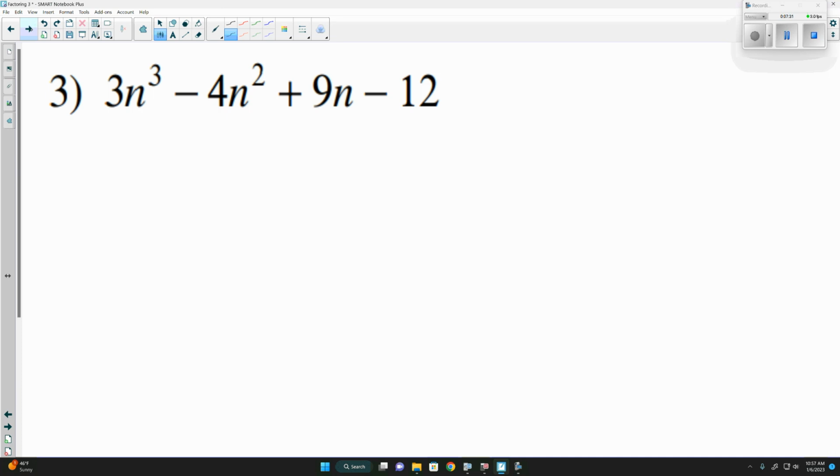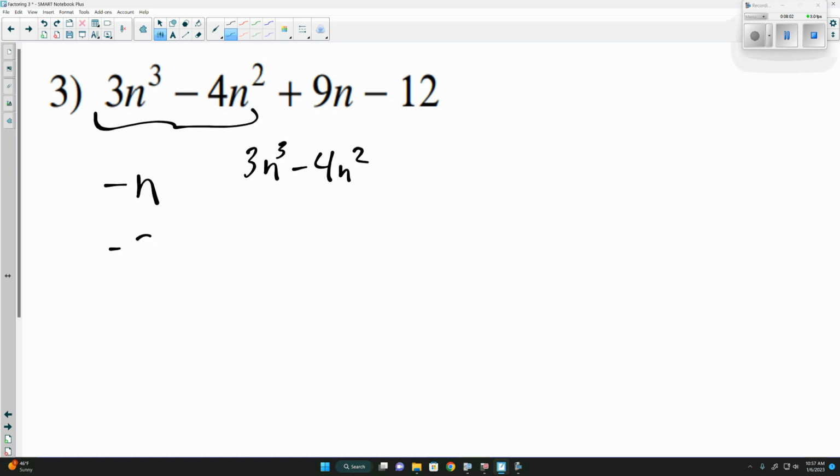Unfortunately, we can't, because n cubed and n squared aren't the same thing. Now, it seems like they would give us the same value. If we did 3n cubed minus 4n squared, we could say that's what? Negative 1n, subtracting those. Now, let's give n a value. We can say n is 2.